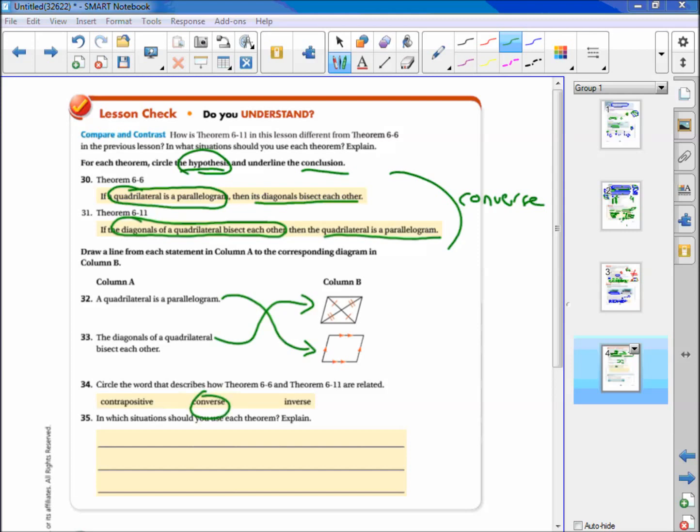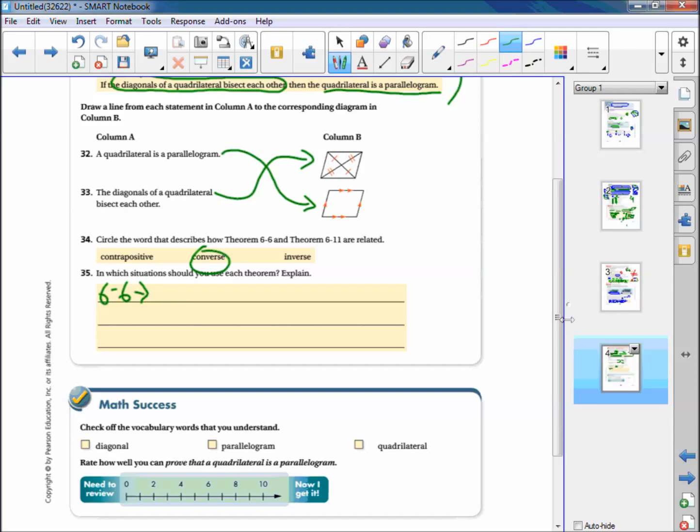Okay, so we would use 6-6 if we wanted to talk about the parts of a parallelogram. So prove something about parts of a parallelogram. Okay. So we use this when given a parallelogram and wanting to use the diagonals.